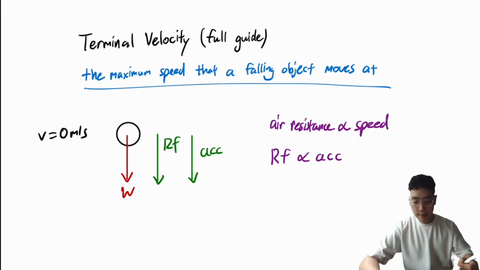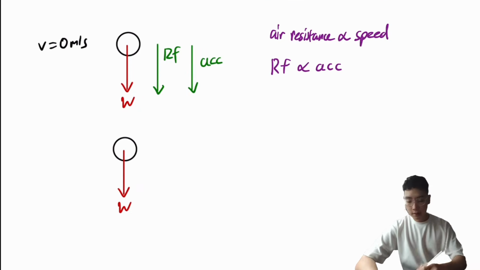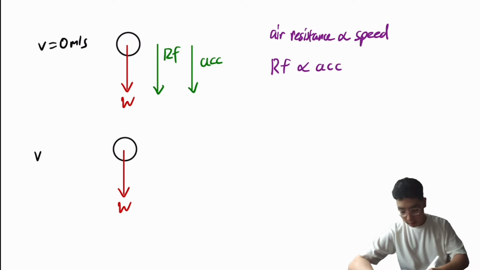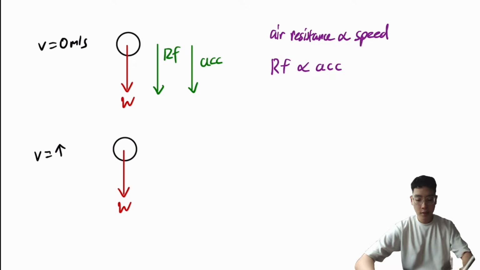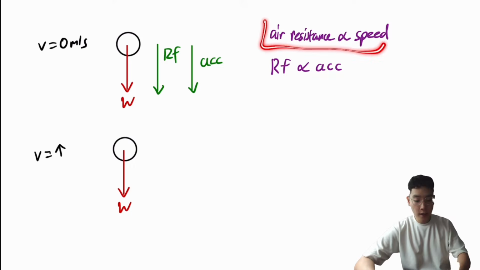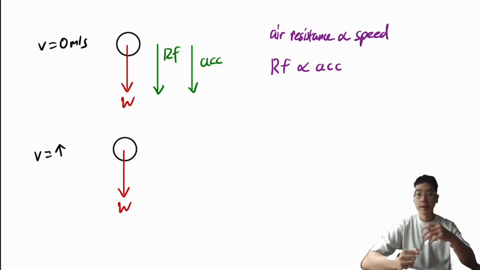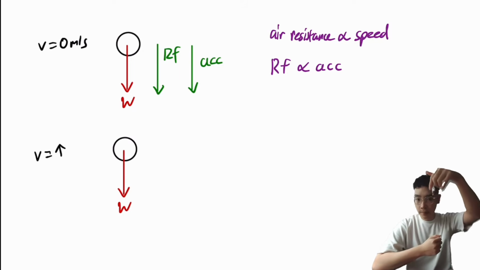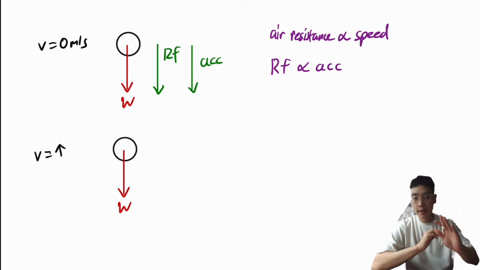Let's look at what happens as the ball moves faster and faster. As the ball starts to accelerate downwards, its speed is going to increase, and as the speed increases, the air resistance is going to increase. Air resistance always acts in the opposite direction, so if the ball is moving down, the air resistance is acting upwards.